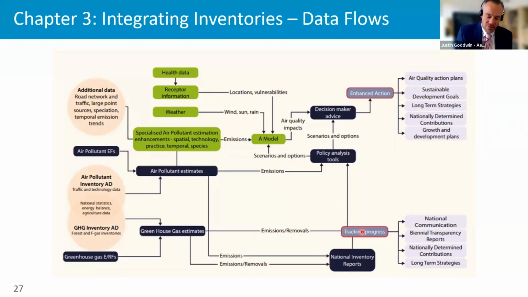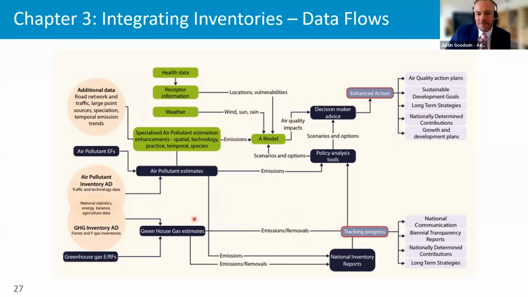So the greenhouse gas inventories can benefit from that extra rigor, those extra specialists looking at the data that are happening in all that processing above, but also the air pollutant specialists and experts can benefit from having the greenhouse gas inventory approach applied, which is more of a top-down, more of a mass balance and understanding of completeness applied. So there are a lot of synergies.